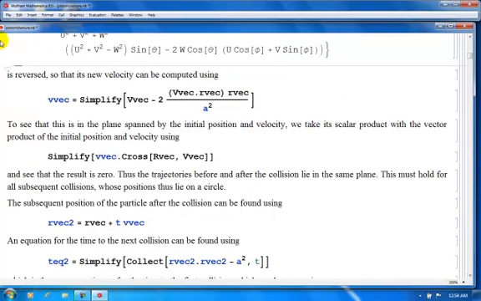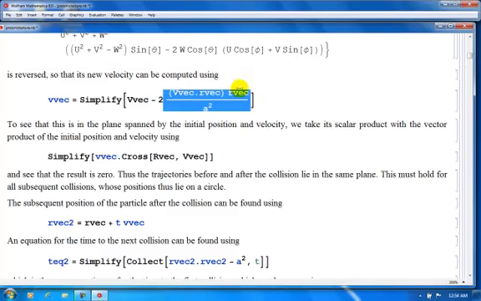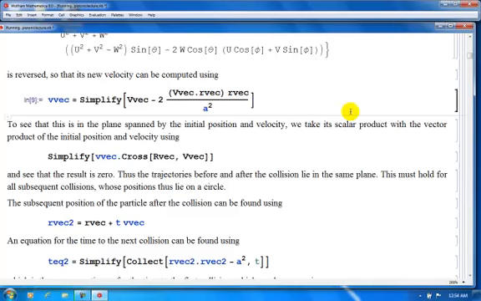To get the new velocity, this component is reversed, so we subtract off twice this from the velocity vector, and that will give us the velocity after the collision.